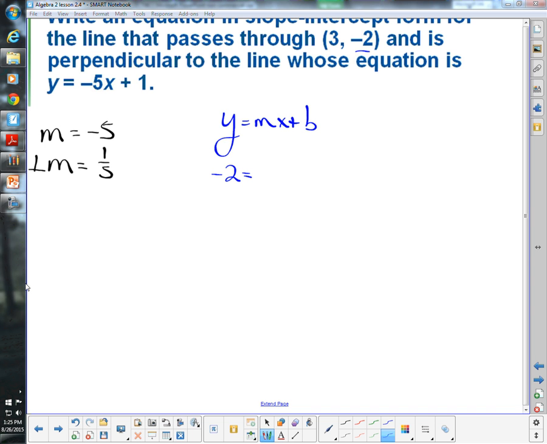It's a 3. What's 1/5 times 3? 1 times 3 is 3. So 1/5 times 3 is 3/5.